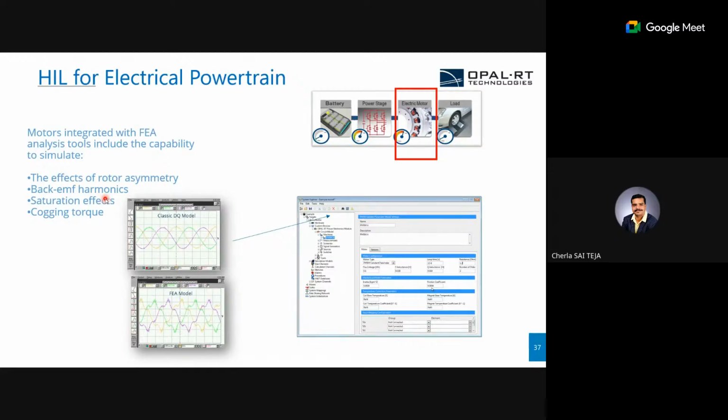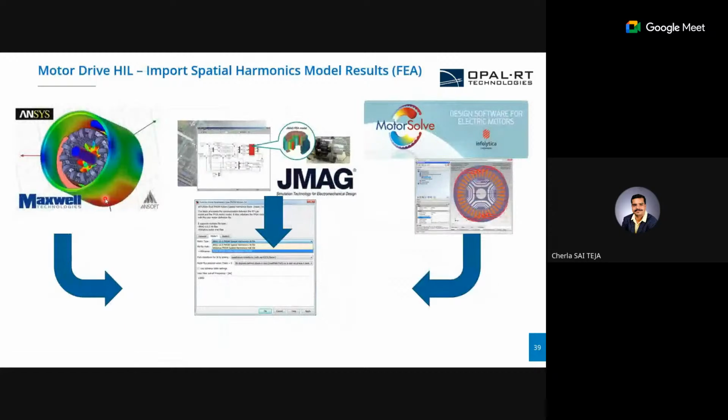If you want to bring in motor data from these FEA tools, we can happily bring in those lookup tables. If you take ANSYS Maxwell, MotorSolve or JMAG software, you can include all these asymmetries, and finally these tools will provide outputs in the form of either lookup tables or JSON files of this motor.